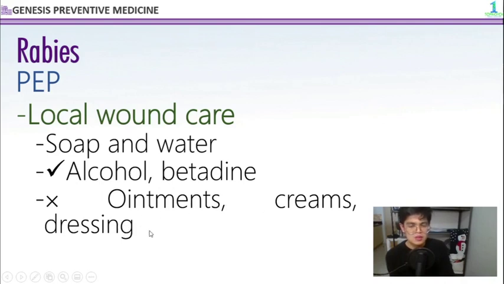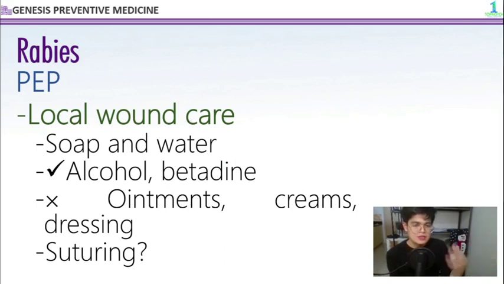Dressings as well, pressure dressings, for example, also will just help viral inoculation. That said, is suturing allowed for bite wounds that potentially have rabies? So if that's just the question, pwede ba i-suture yung mga kagat?